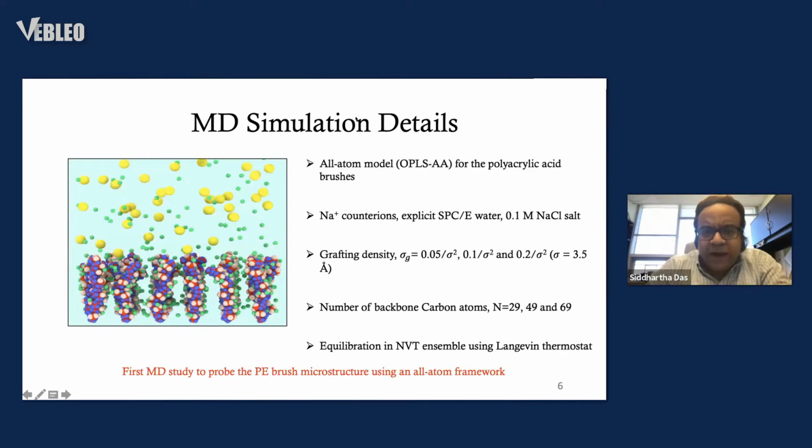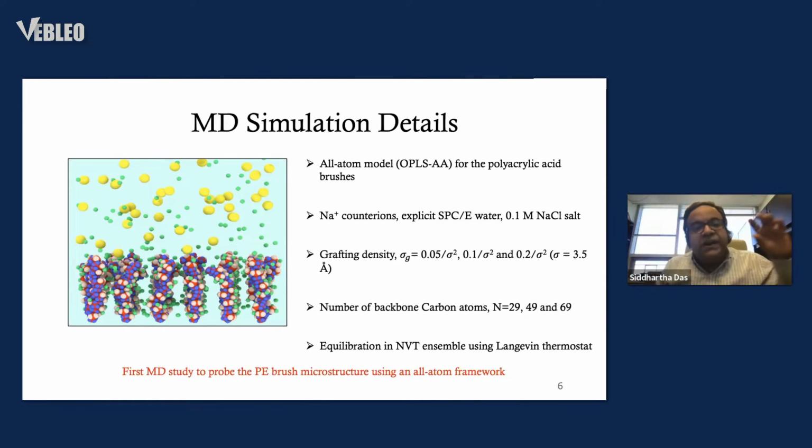So very quickly, the molecular dynamic simulation details. We use an all-atom model, using the OPLS all-atom force field, for polyacrylic acid brushes. Polyacrylic brushes are unique in a sense that they have a COOH group throughout the backbone. So when it ionizes, it has a COO minus along its entire backbone.